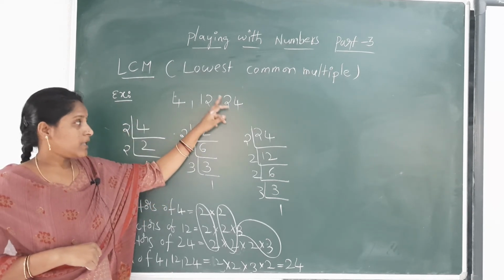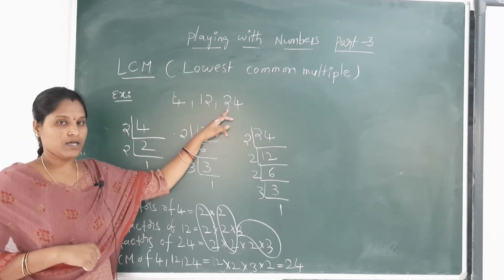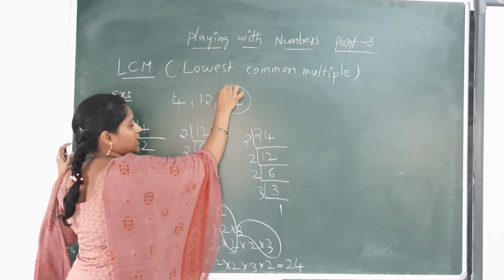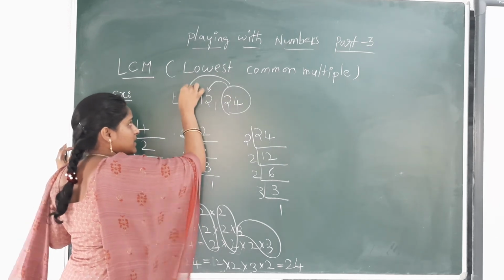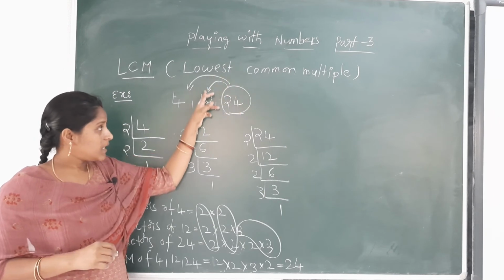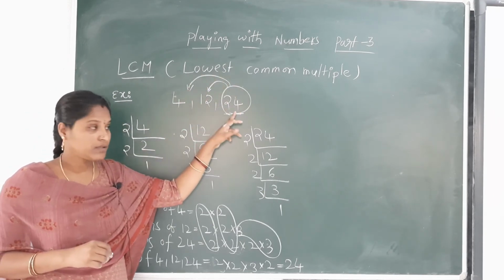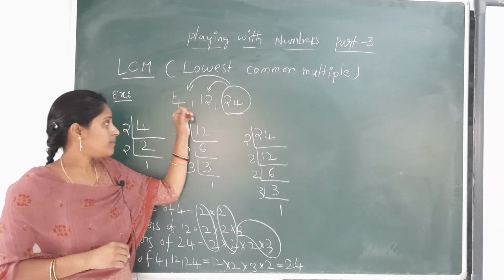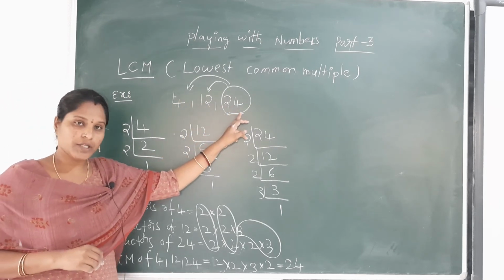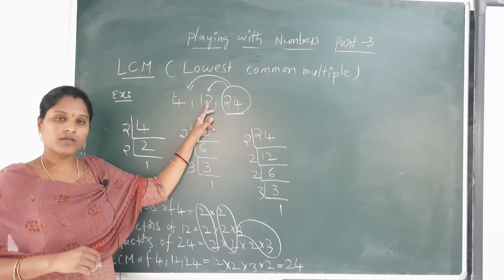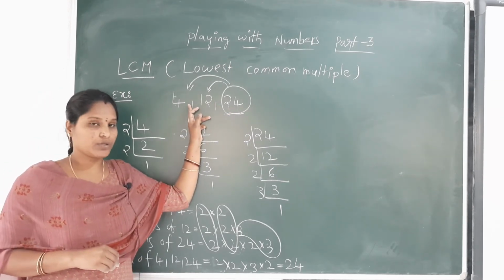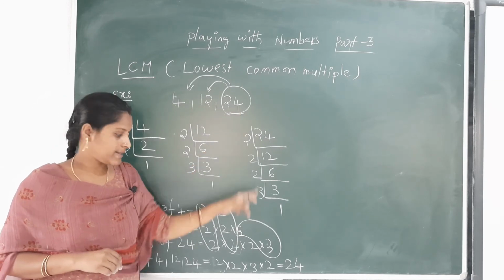If the bigger number is a multiple of the other two numbers, then the bigger number is the LCM. 4 6s are 24, 12 2s are 24. So 24 is a multiple of both 4 and 12. That's why 24 is the LCM here.